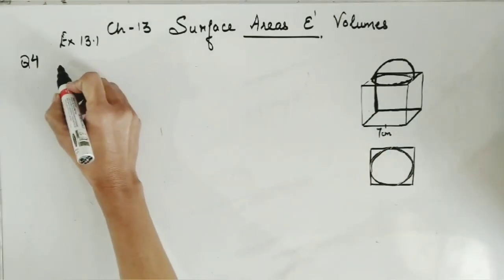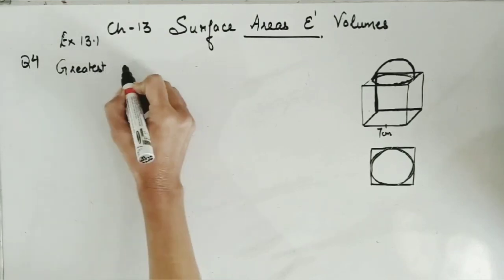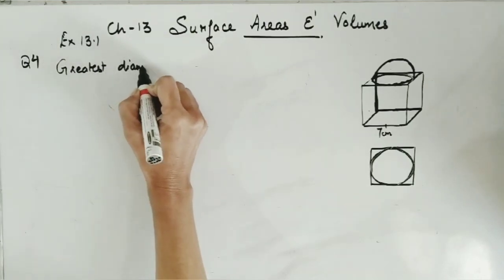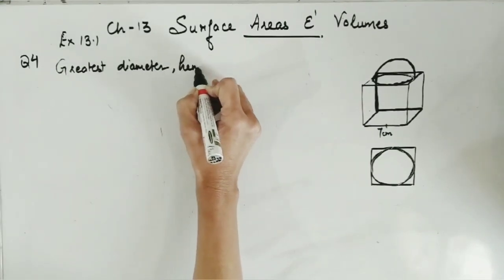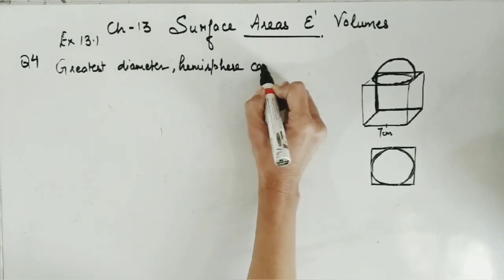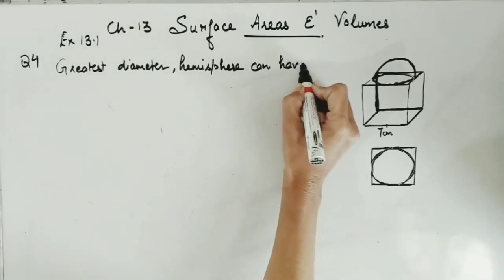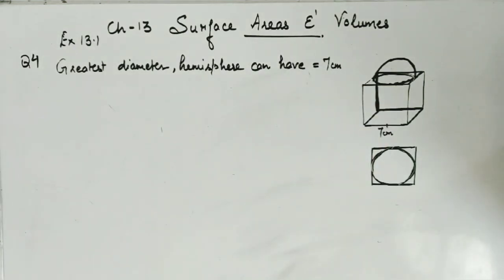So your first part, the greatest diameter the hemisphere can have, must be equal to the edge of the cube, which is 7 cm. Okay, now find the surface area of the solid.